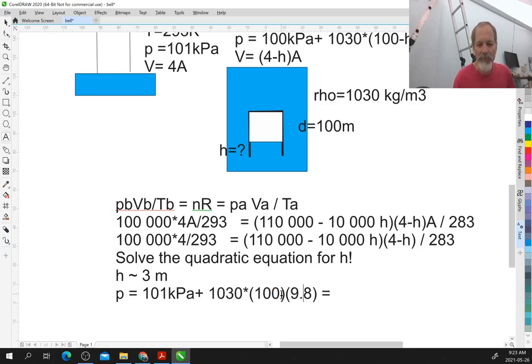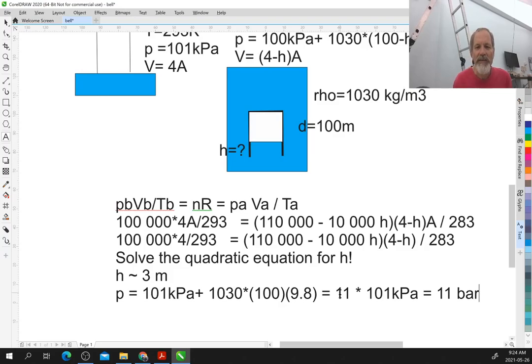You can quickly do the math and find out that the final pressure should be approximately 11 times 101 kilopascals. Or I would write it as a simple 11 ATM or 11 bar, whichever unit you want to use.